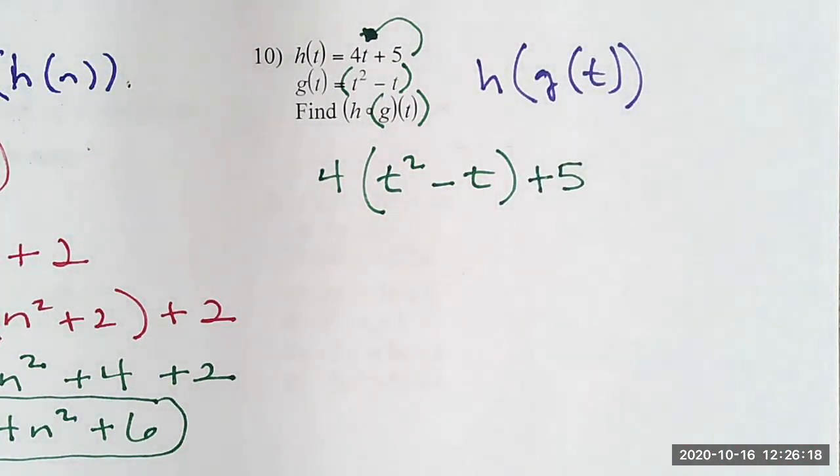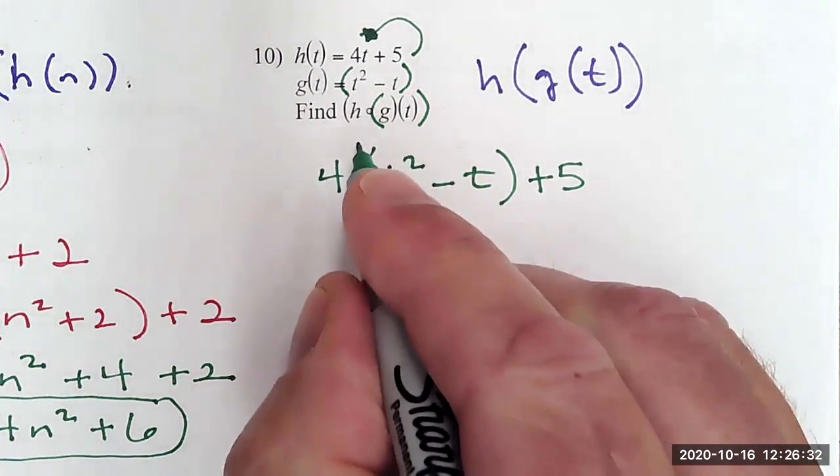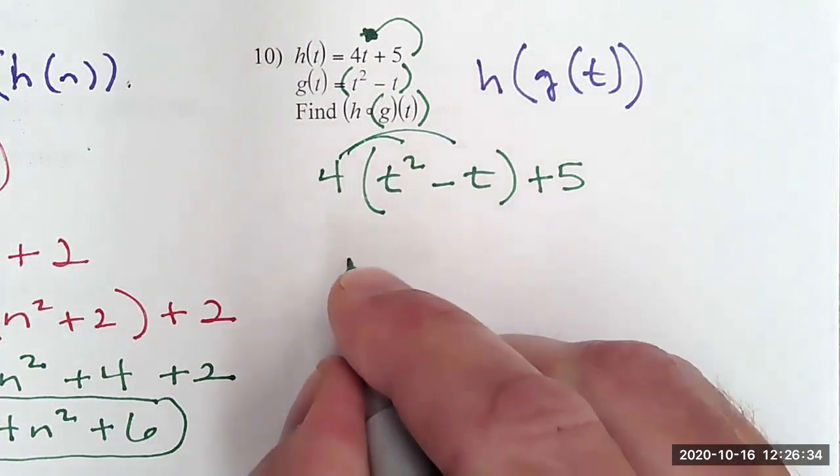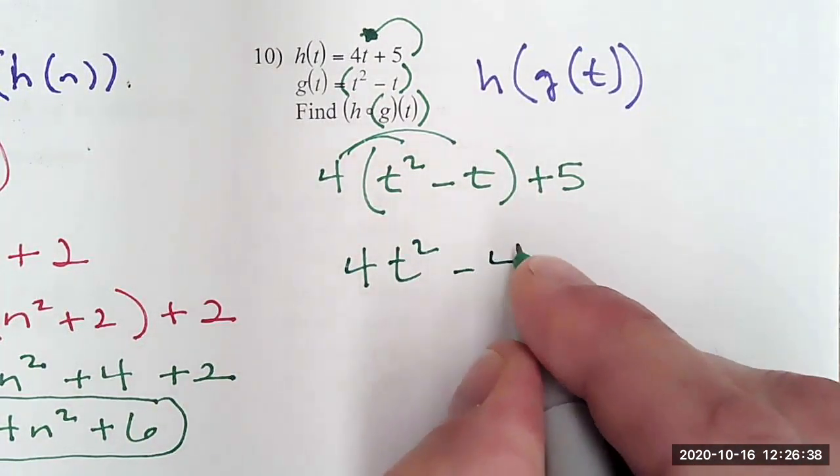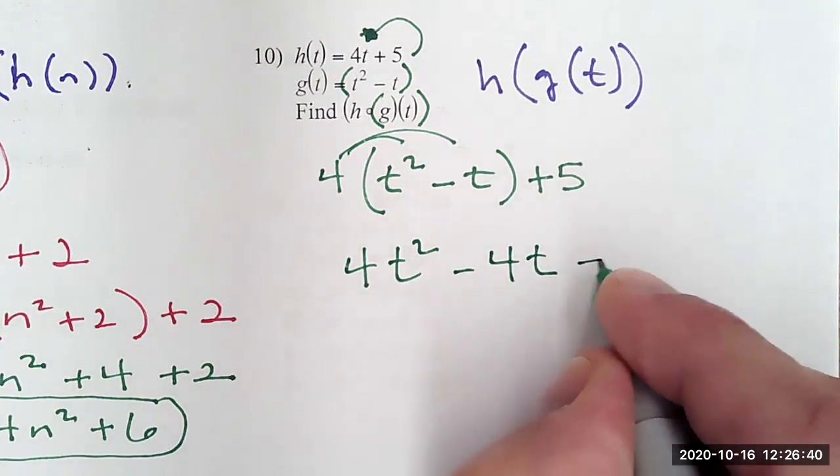Okay, pause the video, complete it, and then come back and check to see if you're correct. Okay, distribute 4 times t squared, 4 times negative t, add a 5.